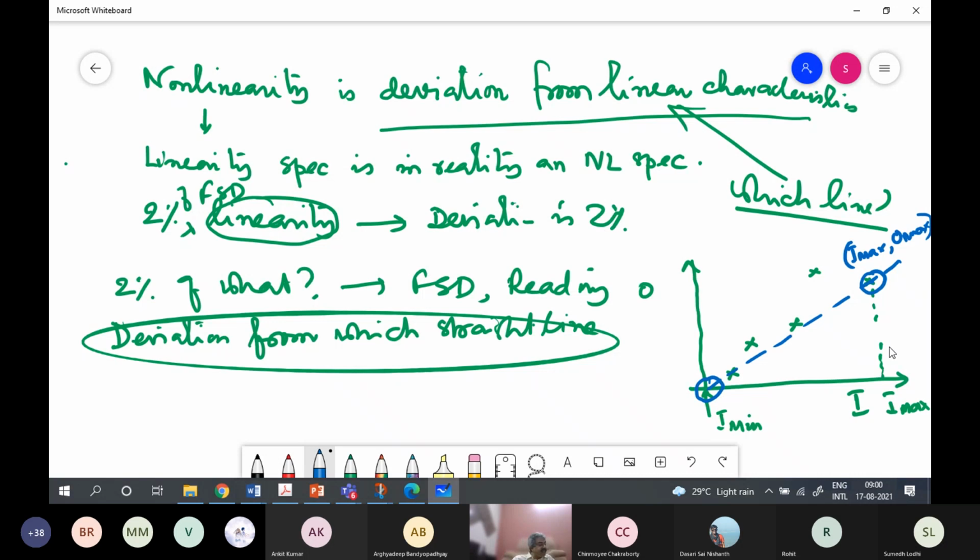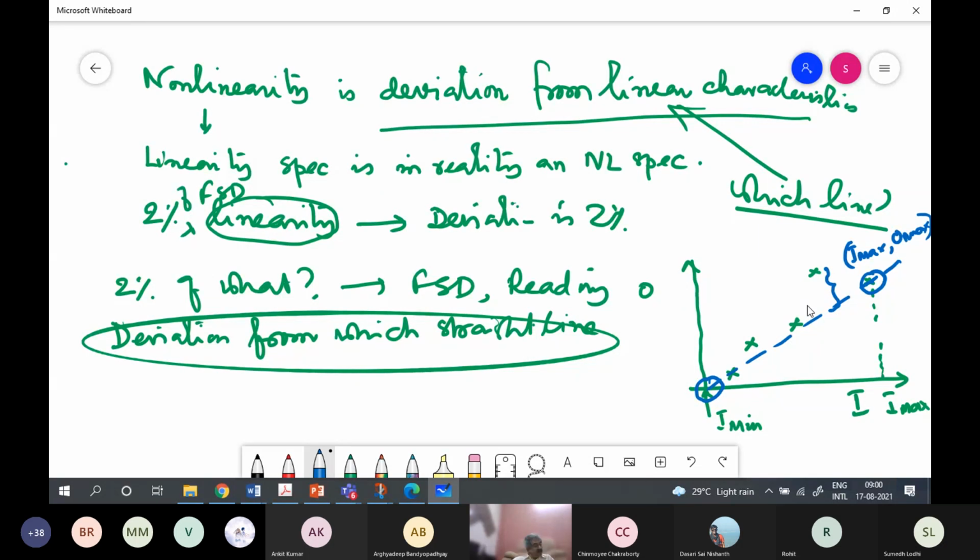With respect to this straight line, the nonlinearity specification has to capture this large deviation, so your specification will become bad.